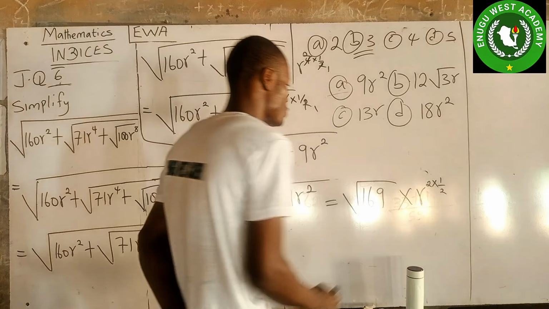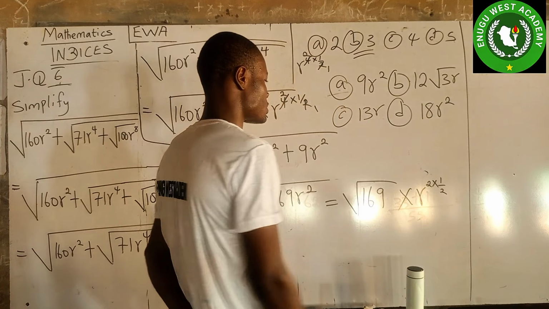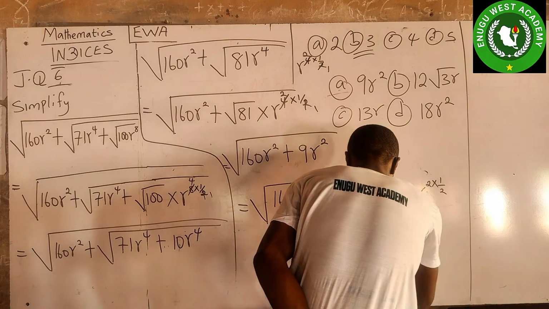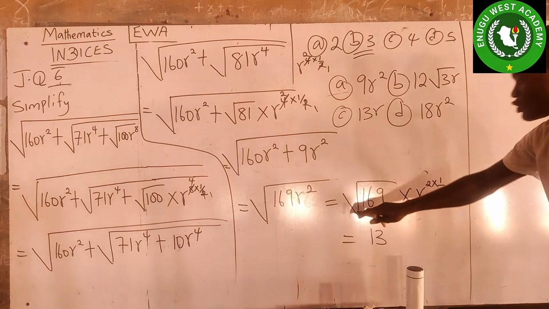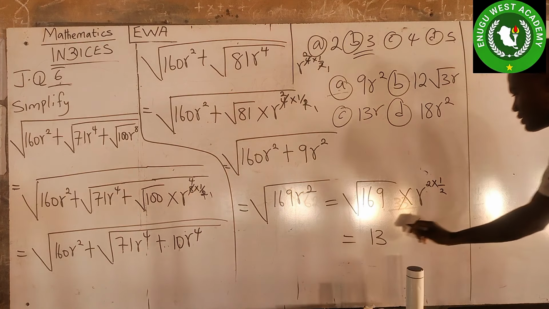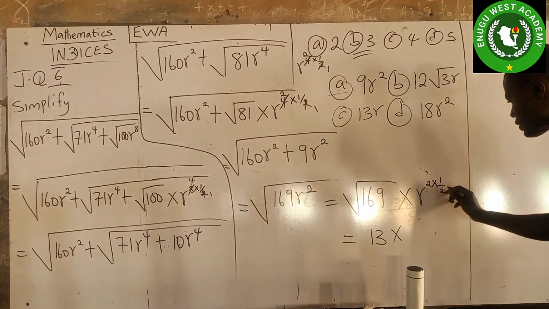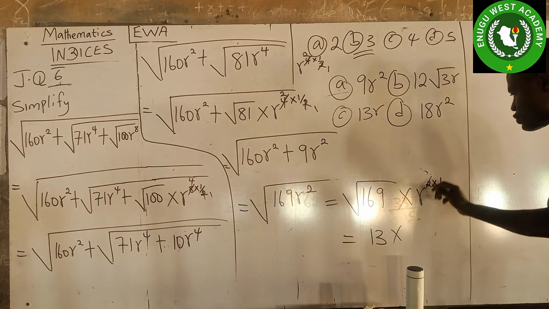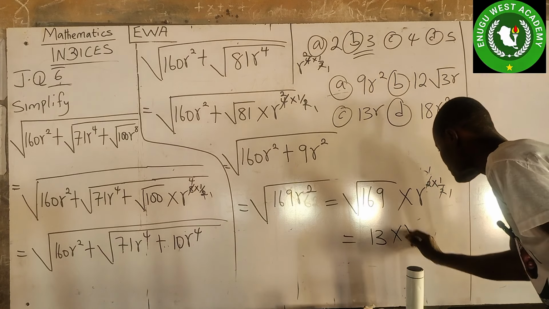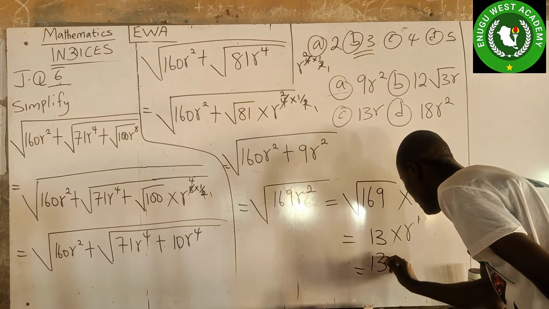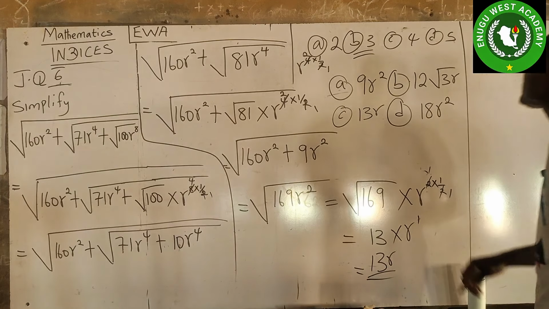So square root of 169 is 13. Now, 2 cancel itself is 1, cancel 2 is 1. So we are going to have r raised to power 1, which will be equal to 13r. And that is our final answer.